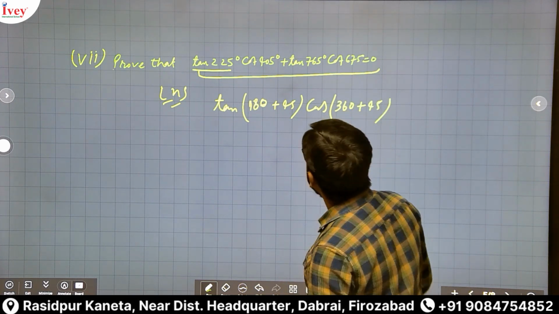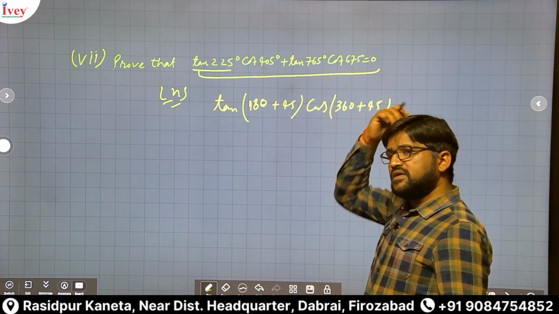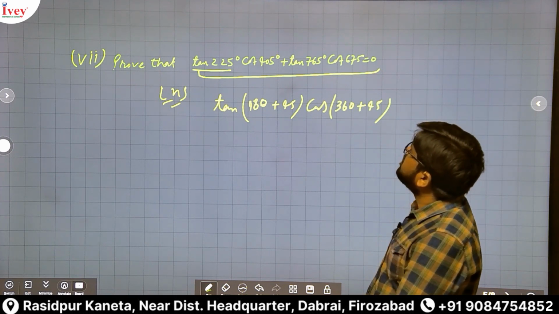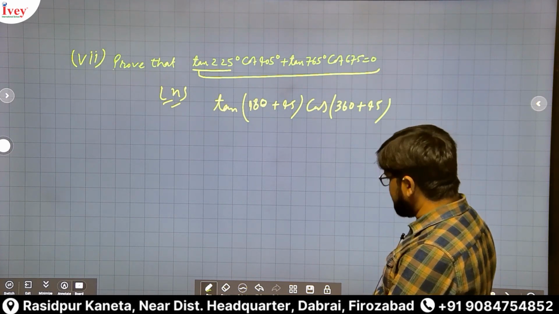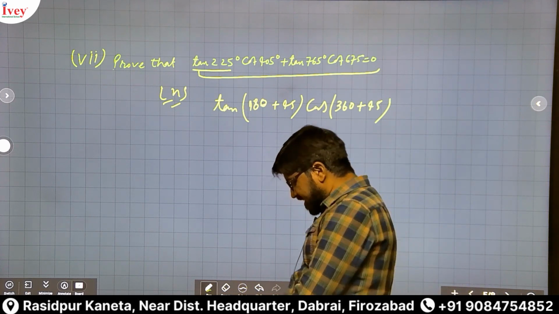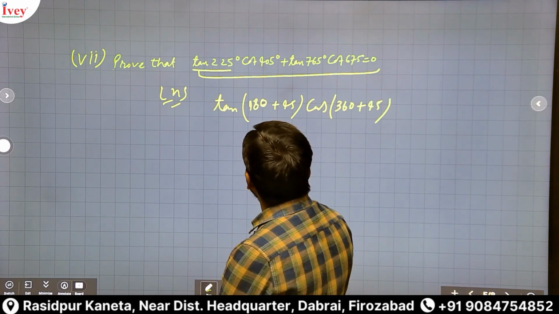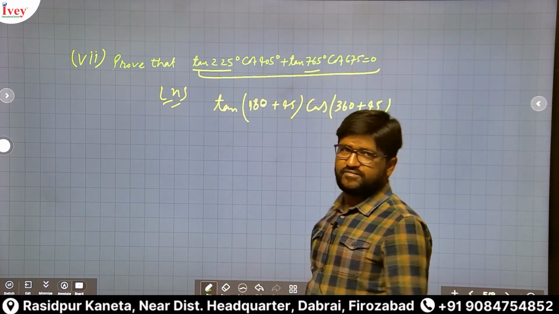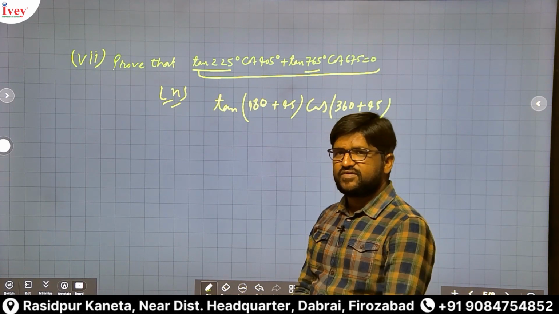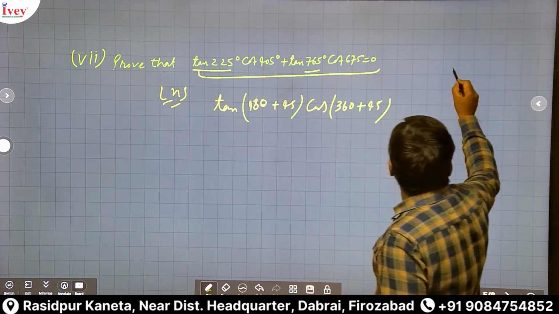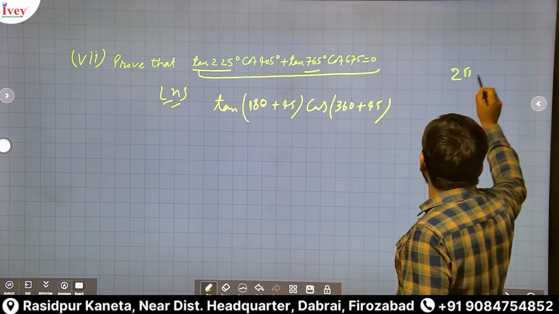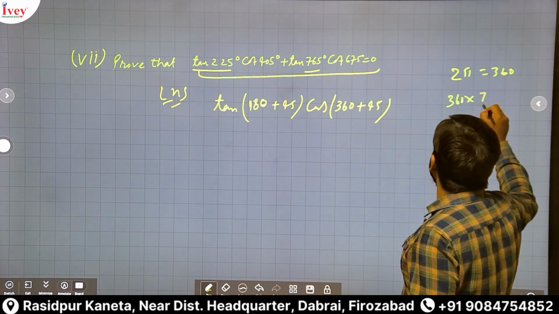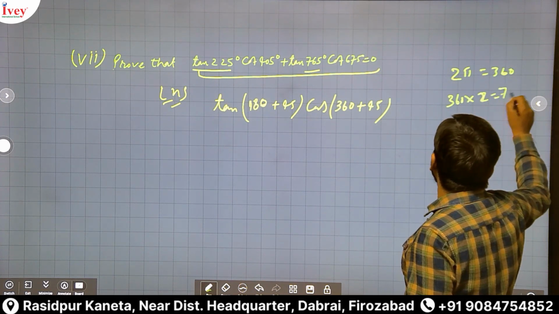Can you see it? Now in this, it is always easy to handle the angles in radian. So it is 765. Can you see it? 765. And if we multiply 360 by 2, we will get 720, right?